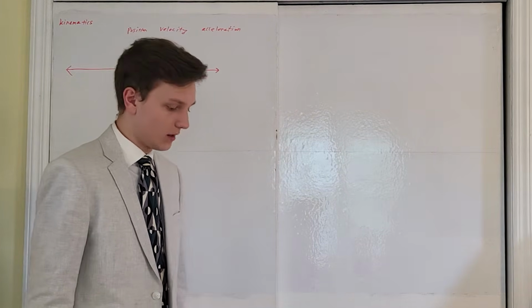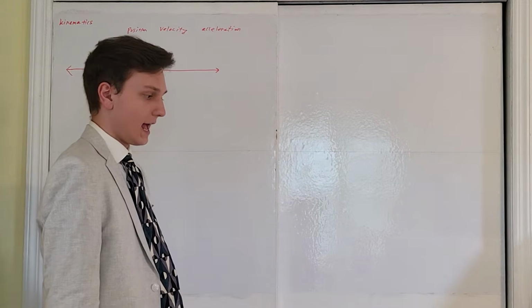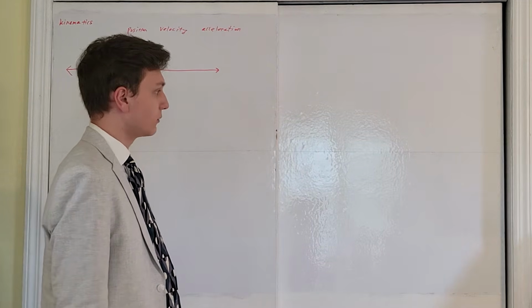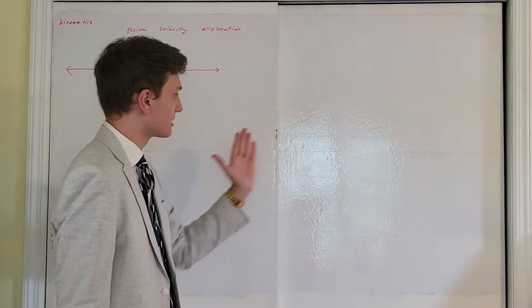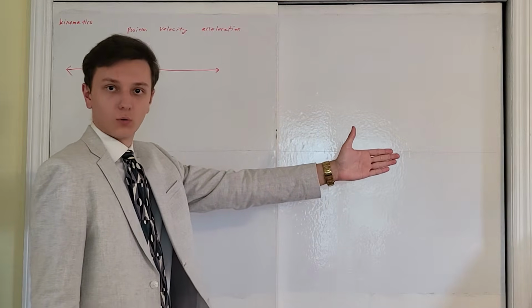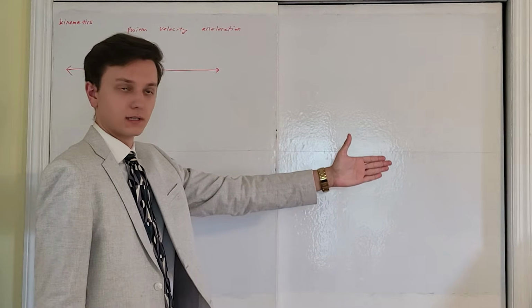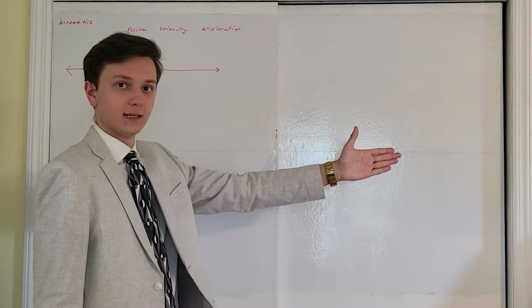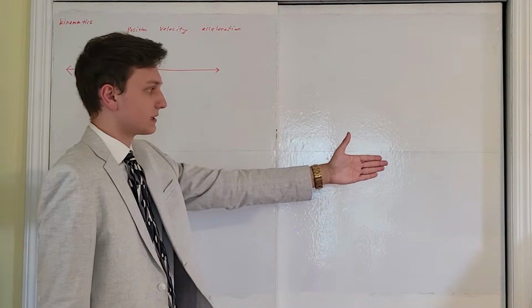So for example, I could define my position right here as 0, okay? And that would mean that that side of the whiteboard is approximately 1 meter forward. It's at the position 1, because position is measured in meters, as I covered in the introductory video. That would be a position 1.